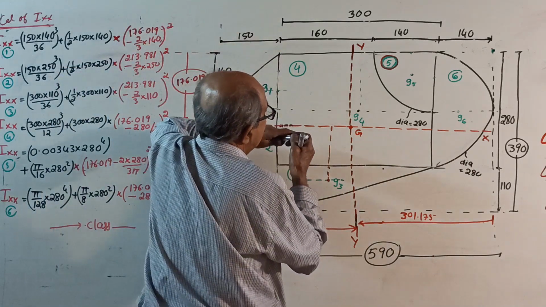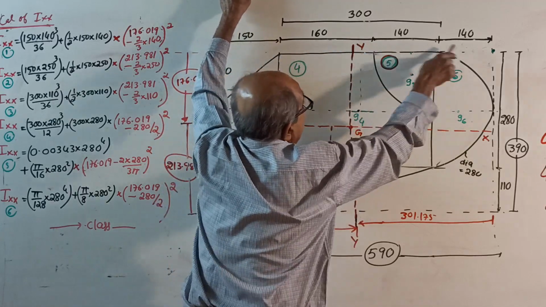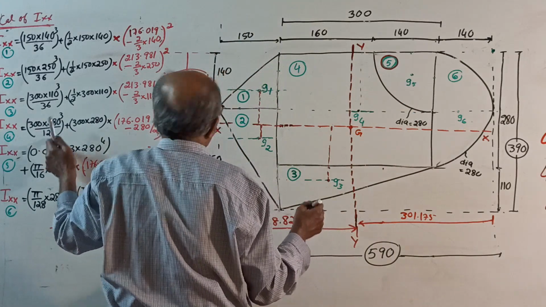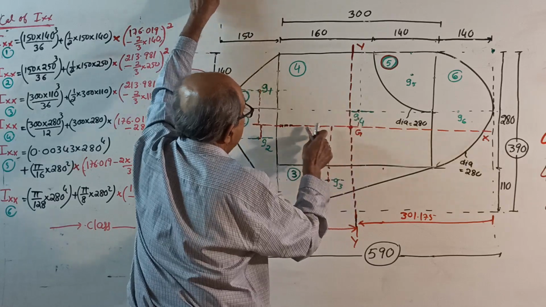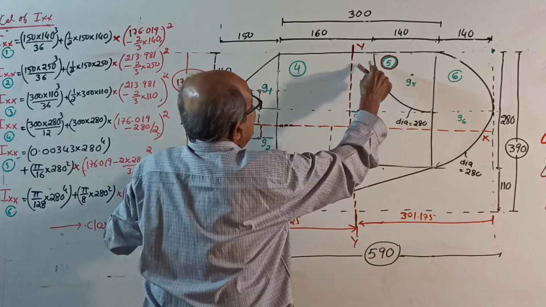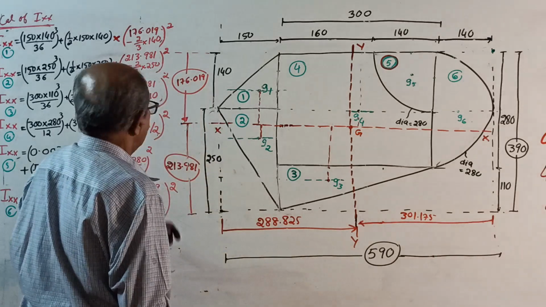Fourth one, I about its own centroidal axis, 300 into 280 cube divided by 12, rectangle, plus area into, see, this distance square is 176.019 minus up to midpoint, which is 280 by 2, whole square.